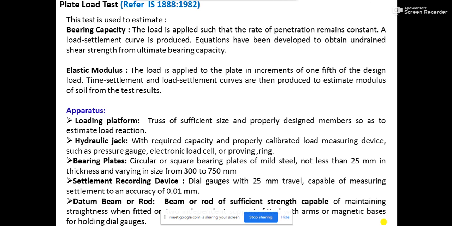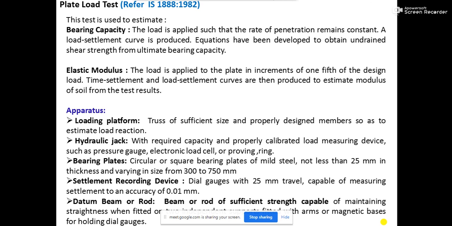You require the elastic modulus E, right? If you remember the formula for immediate settlement, P into B into 1 minus mu square by E into I, there E is the elastic modulus.